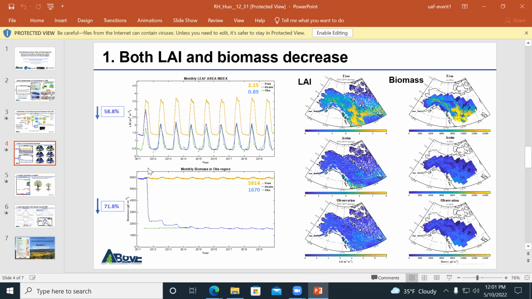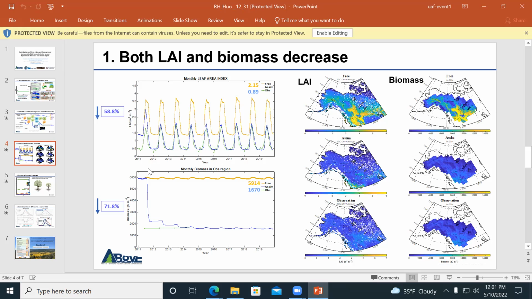Actually in the ABoVE region, MODIS LAI doesn't cover this area in the winter or springtime. It has very limited observation in winter or spring. Further southeast it has some.